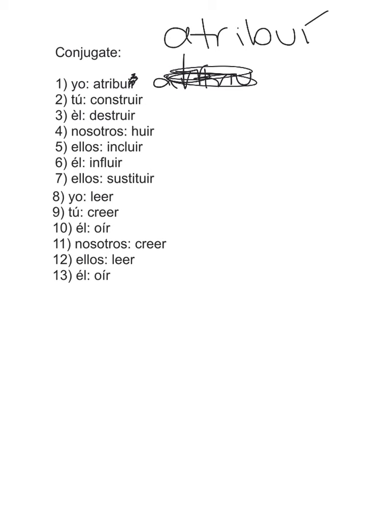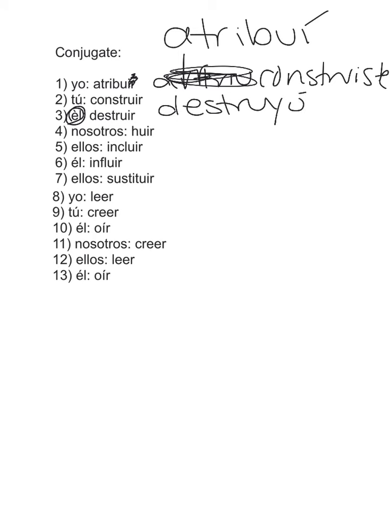Okay. Number 2, construir is another uir. Put it in the tú form. Construiste. Number 3, él destruir. Ooh, él form. That's in the sparkly ballet slipper. Destruyó with a Y.